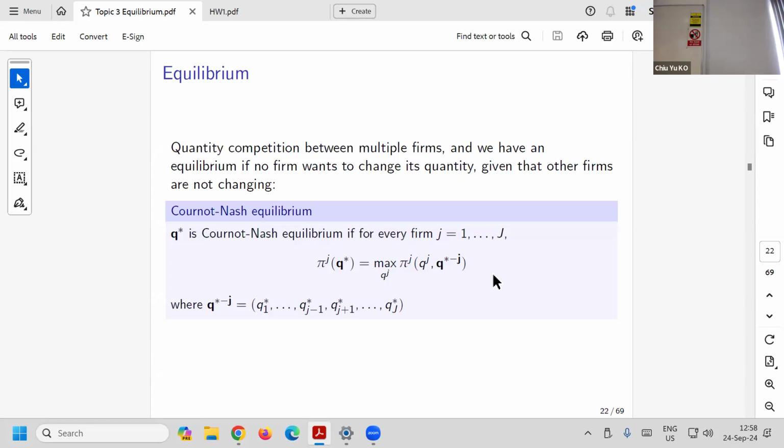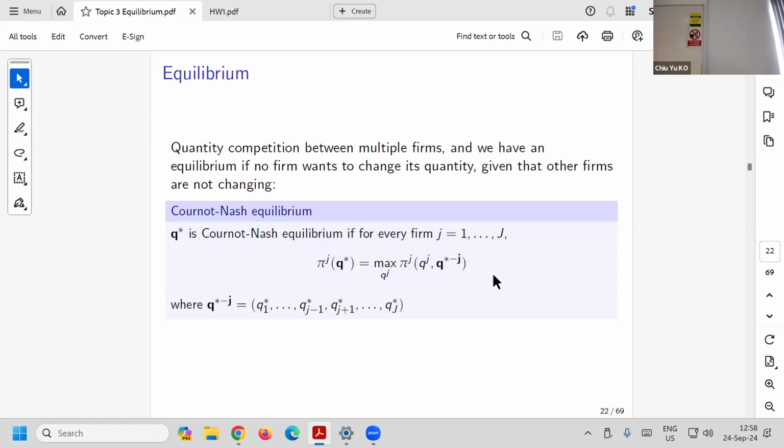It doesn't say this is the best for both firms. It's not Pareto optimal. Nothing is being said about that, but in that particular production that we assign to these two firms, no one wants to change. That means there can be more than one equilibrium, or there can be no equilibrium. Because it's different from the adjustment in perfect competition, right?